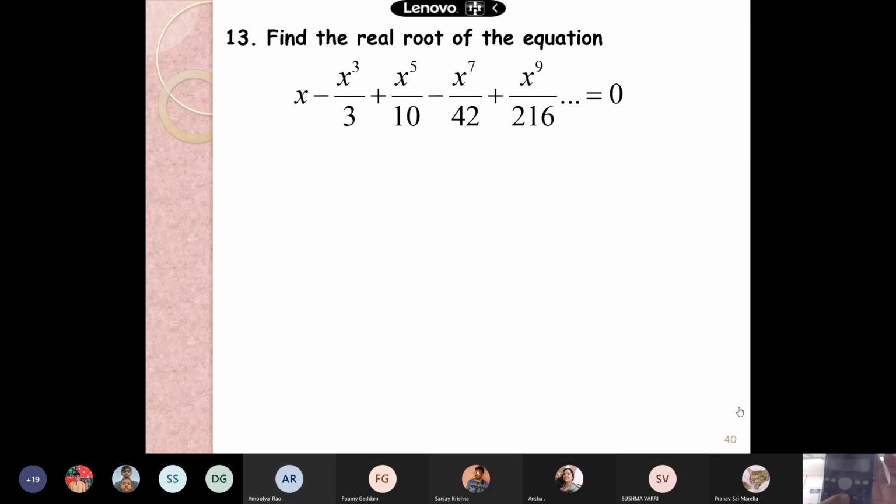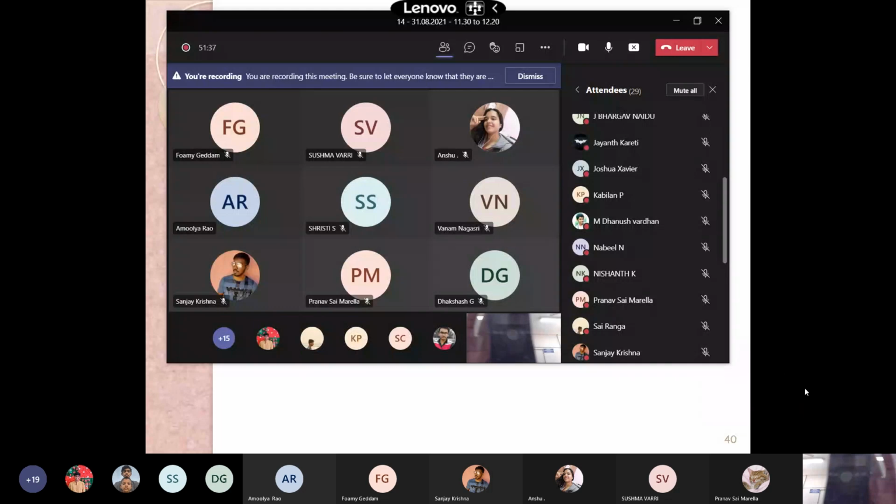This is the symbol you need to use. Amalia, are you getting it? No, sir. This symbol? This symbol, an arrow mark. Okay. You put that one and give 5.